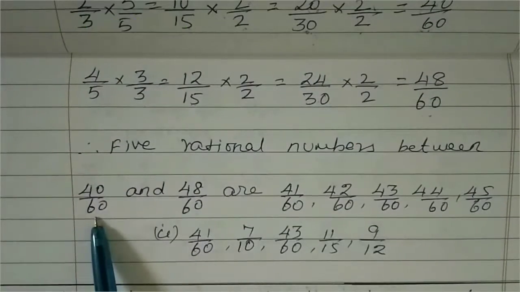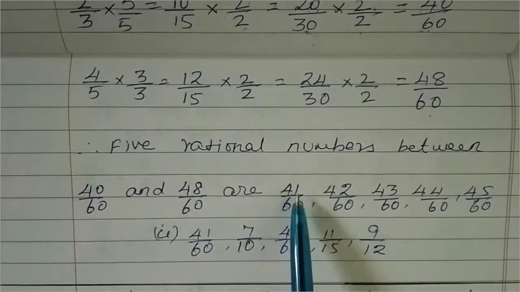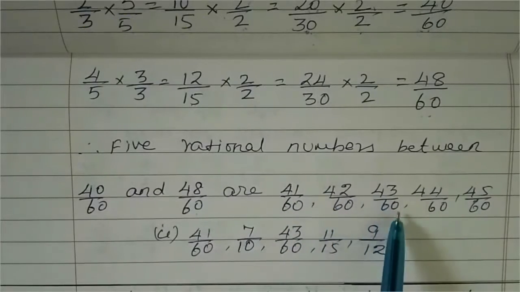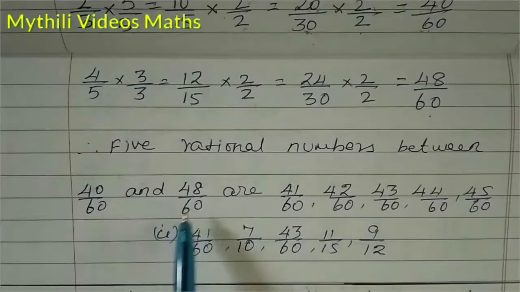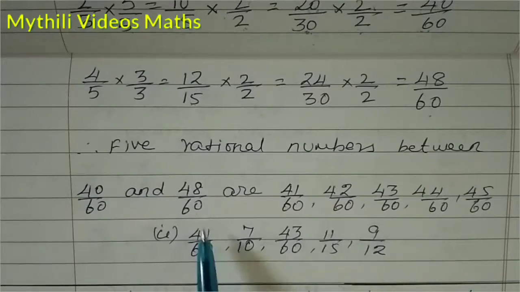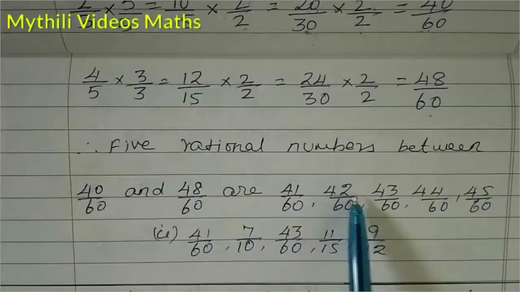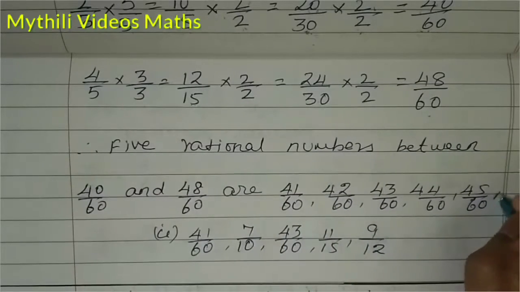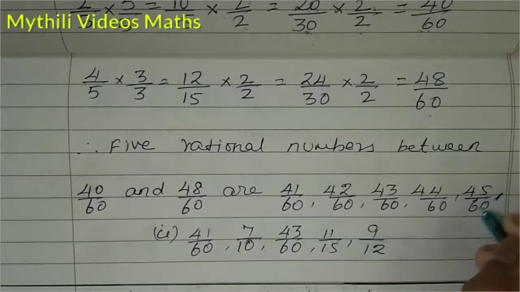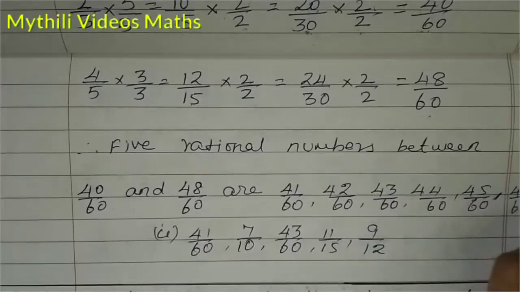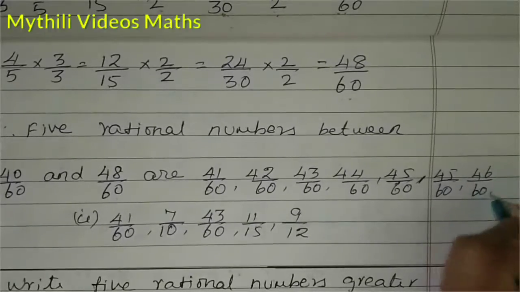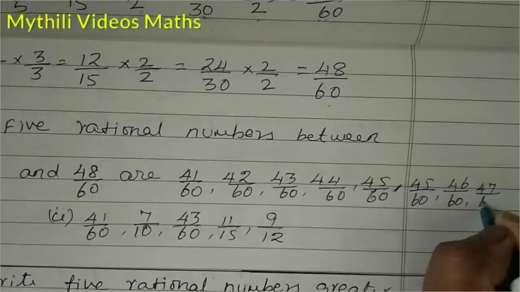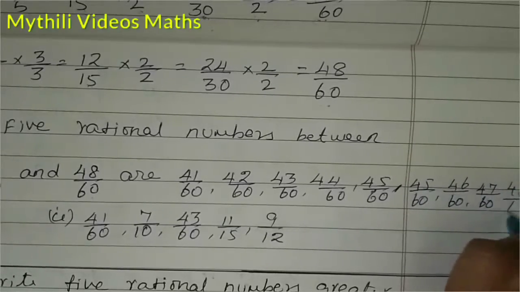See here, 40 by 60, after that 41 by 60, 42 by 60, 43 by 60, 44 by 60, 45 by 60, 46 by 60, 47 by 60 and 48 by 60.